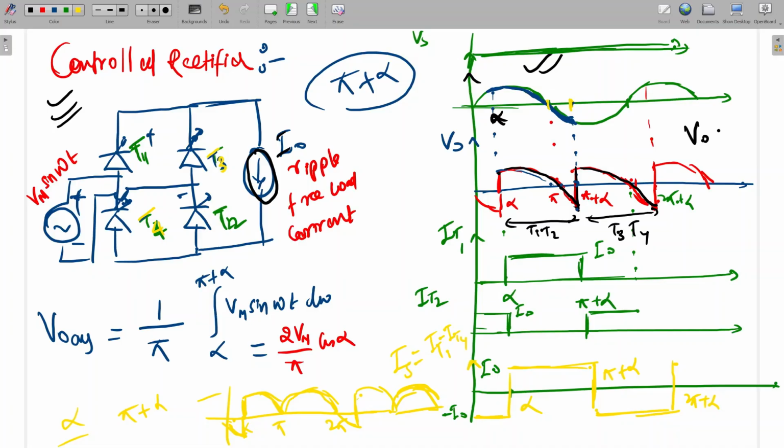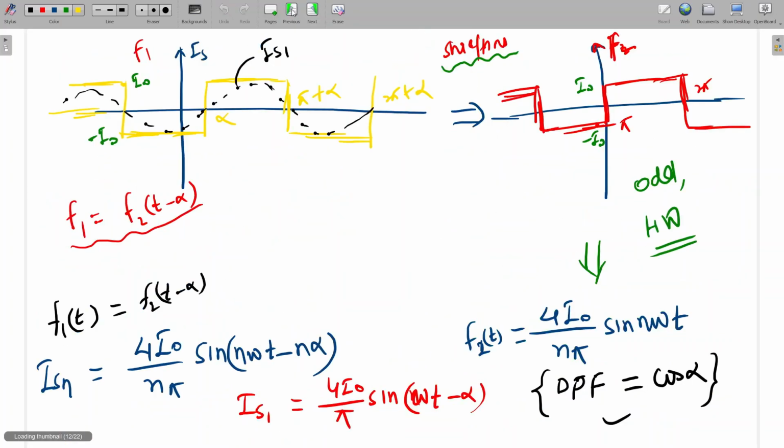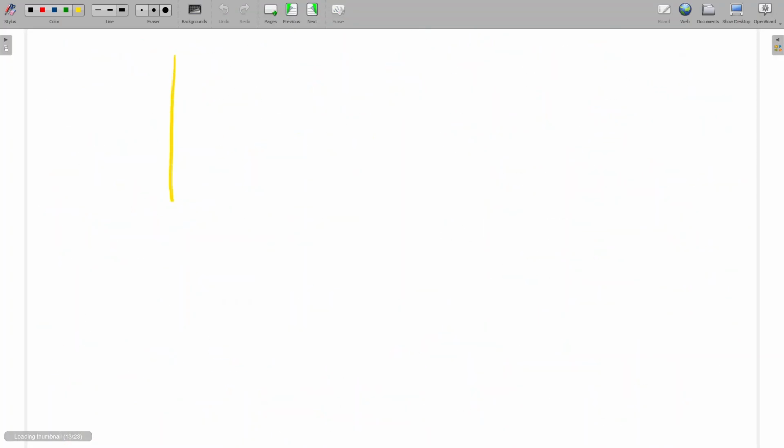Sir, this is for one asymmetrical circuit. Not asymmetrical. Like you asked, what will happen if in the first half we are firing at alpha, and in the second half we are firing at pi only, not at alpha. So what will happen?